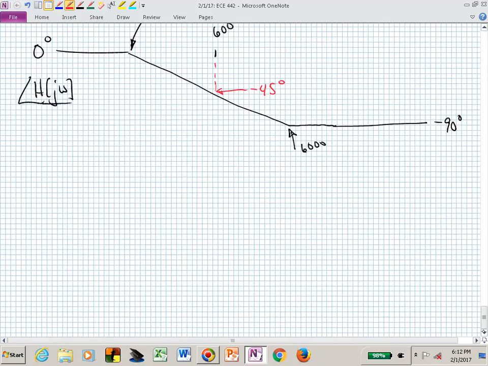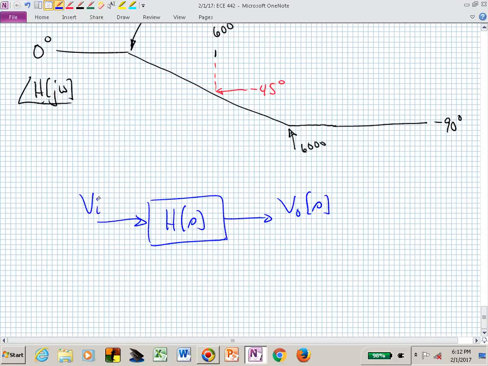Now, I want to know what's going to happen if I inject a sinusoid into this low-pass filter. There's my system, which is a low-pass filter, and I want to know what's going to happen at the output if I put in a particular sinusoid at the input.